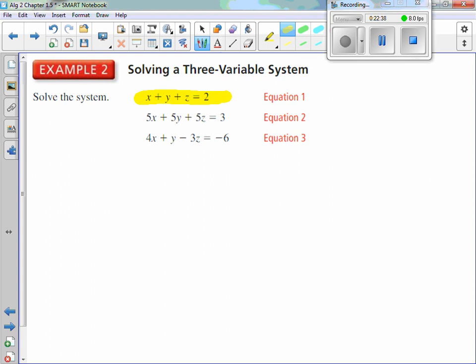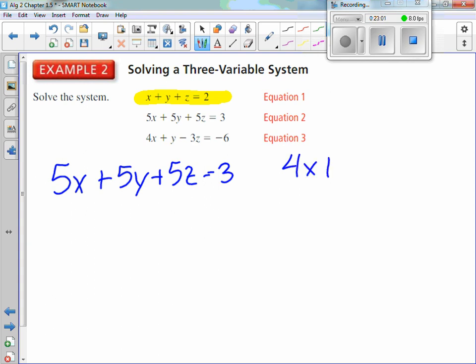Now, the one I pick and I'm highlighting here is the one that we're going to use to eliminate a variable out of the other two. And then again, just like the last one, I'm going to write the other two down.